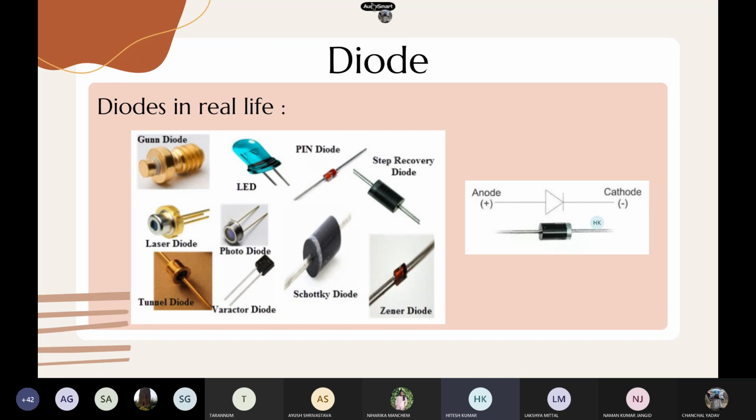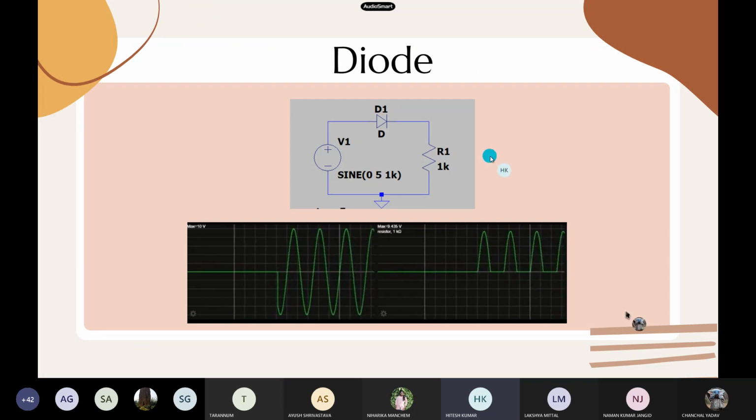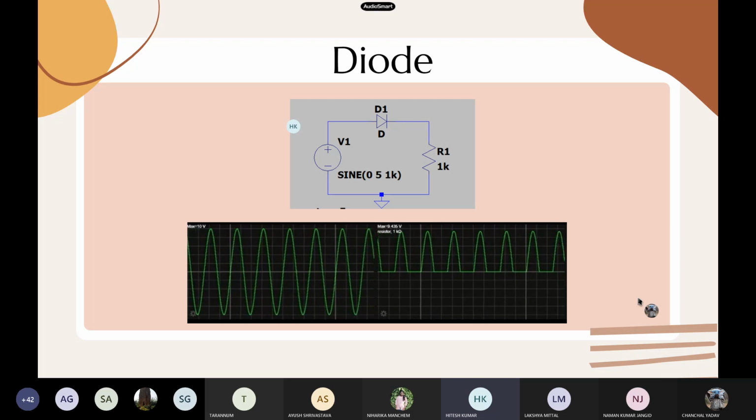Now you can see the importance of diode by this circuit. It is a clipper circuit. Clipper circuits are used to remove some specific voltage bands from the input signal. In this circuit, you can see that an AC sine wave is given as input, and in the output the diode removes the negative part of the AC sine wave.